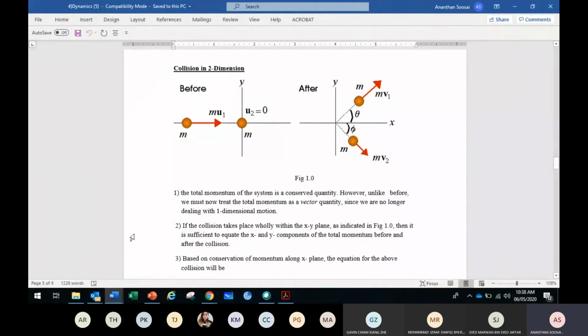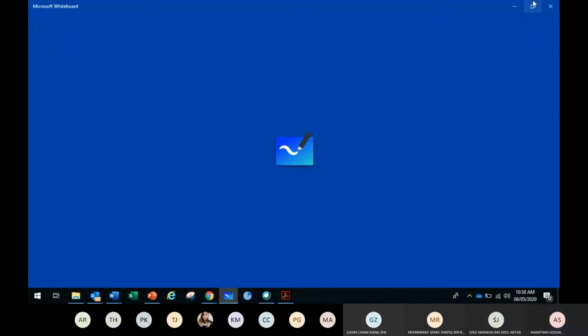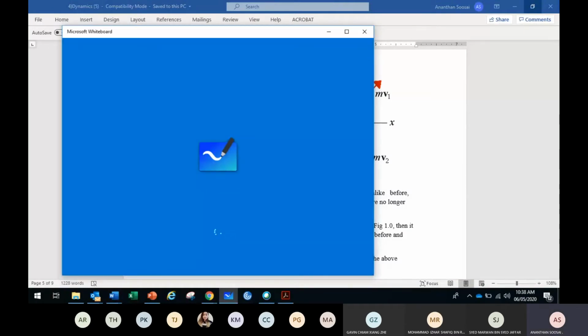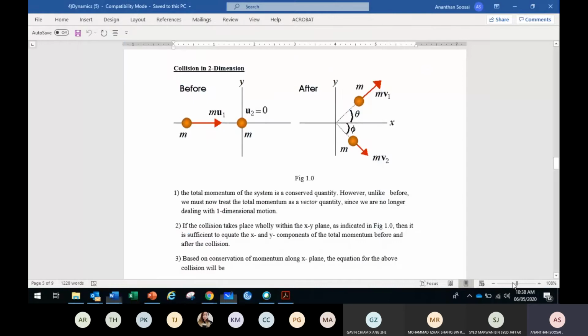So break all of them into their components.